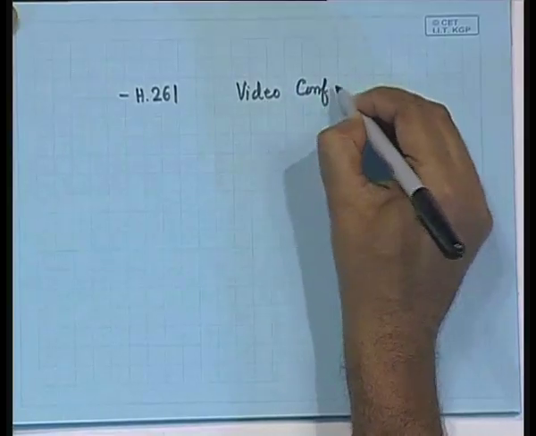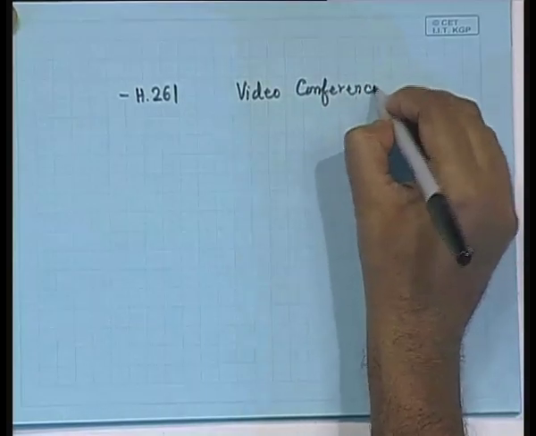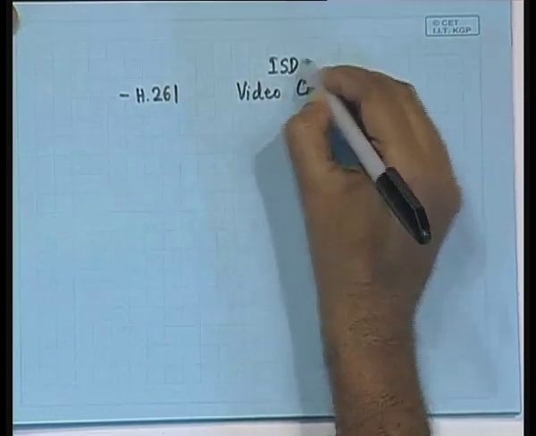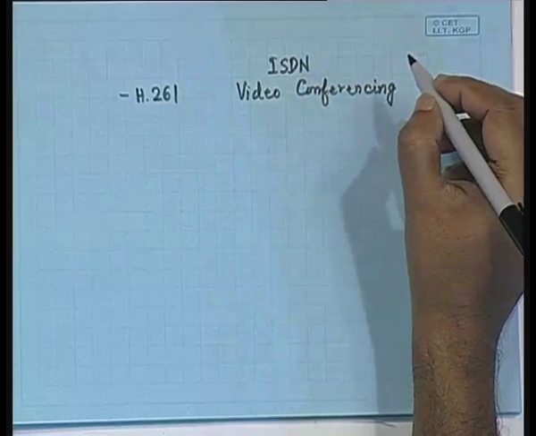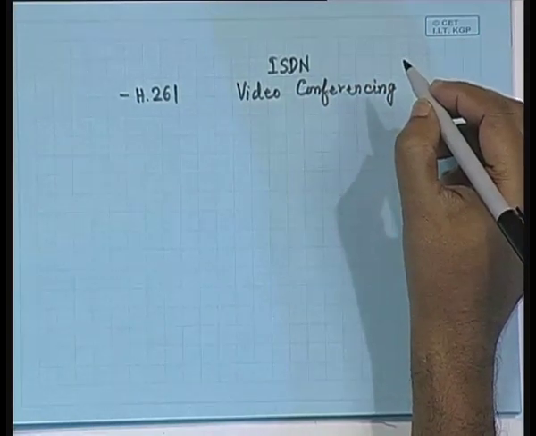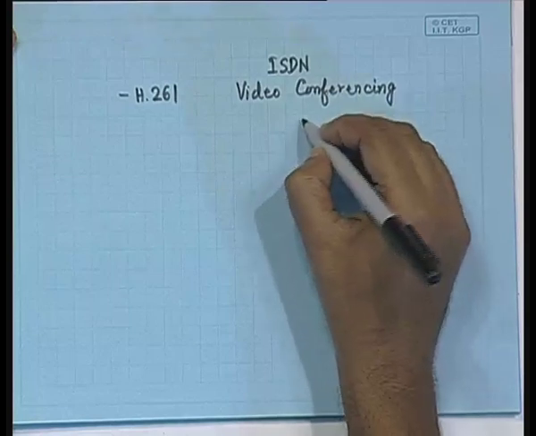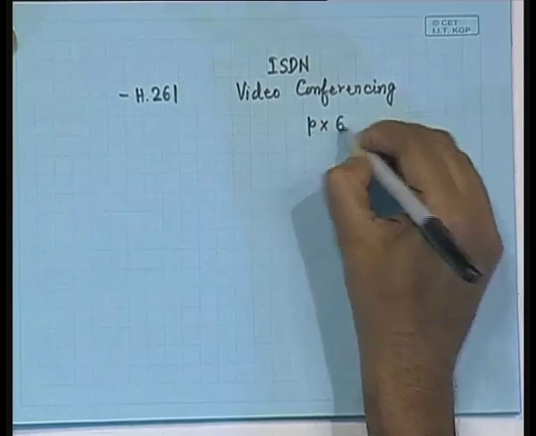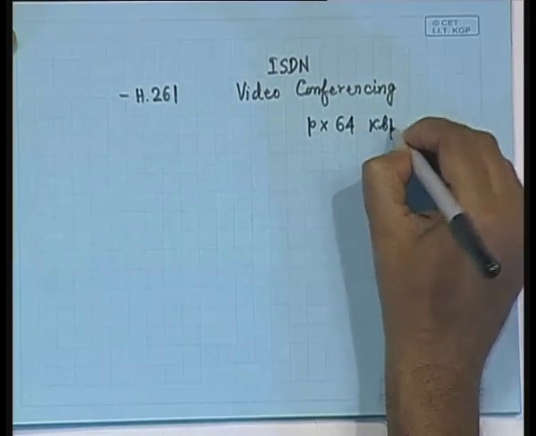Now, in video coding, their first standard in the list was H.261. H.261 was the standard which addressed video conferencing applications, primarily ISDN video conferencing. And here the target bit rate was called P by 64 kilobits per second.